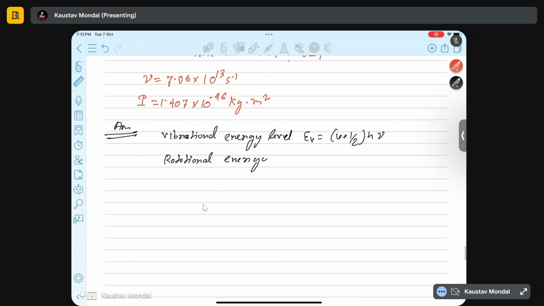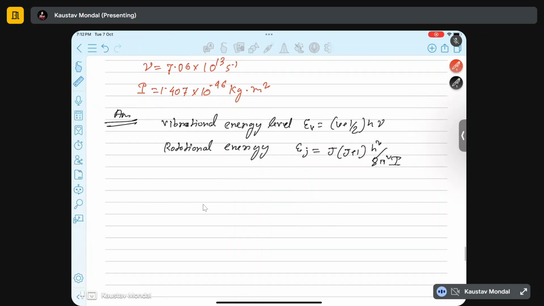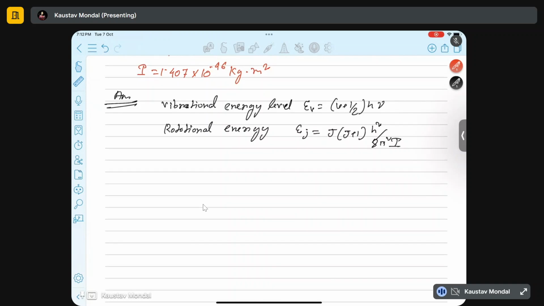Rotational energy is given by E_J equal to J into (J plus 1) into h square by 8 pi square I. And these are the vibrational and rotational energy levels, right?